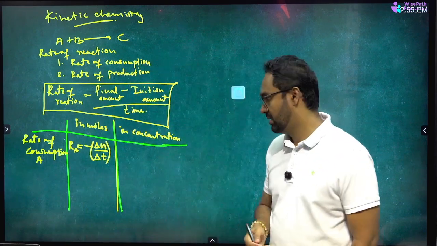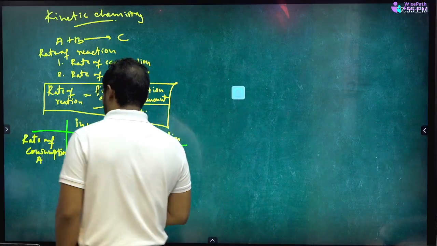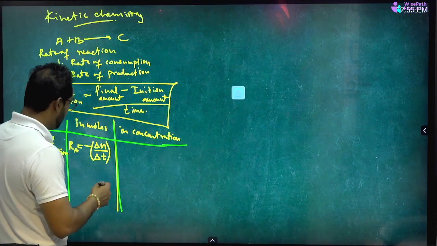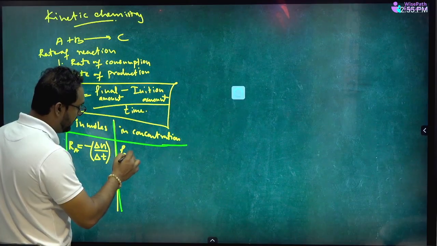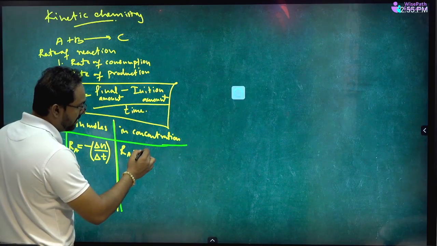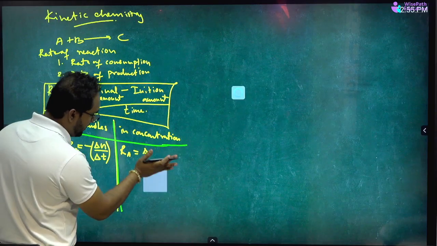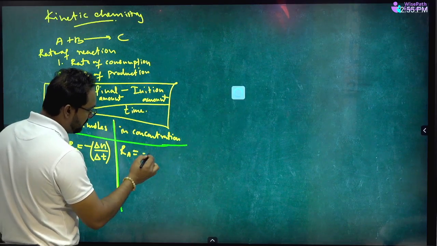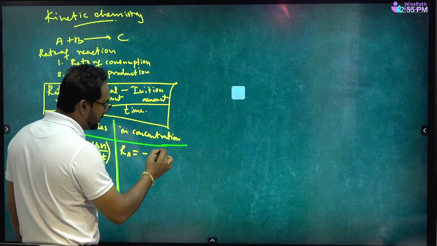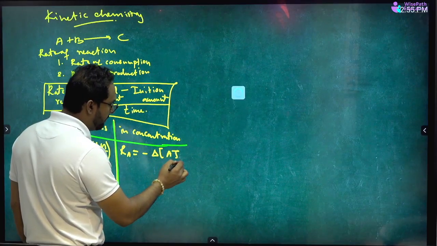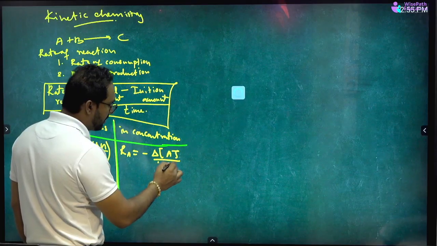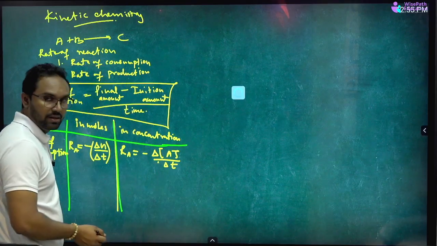Minus is there to make the value positive at the end. Okay? And if it is concentration, that will be RA equals minus concentration difference of A divided by time difference, right?